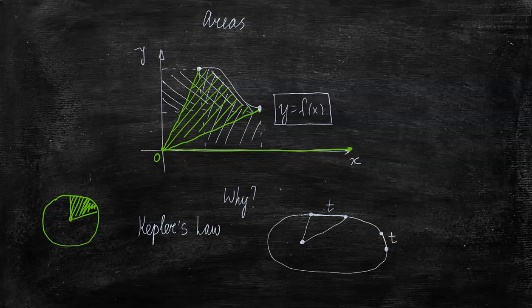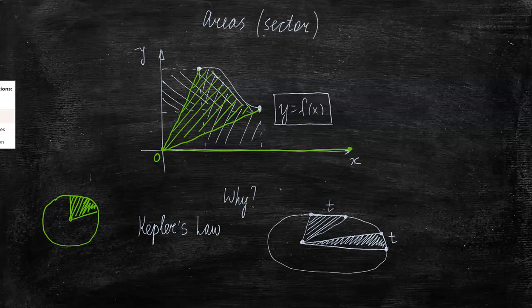As you can imagine, the object doesn't travel at the same speed throughout the entire path, and one of Kepler's laws says that these areas are the same. But these are nothing but the sectoral areas, and this is why we are interested in computing such areas, and this is what we're going to learn to do when a polar curve is given.